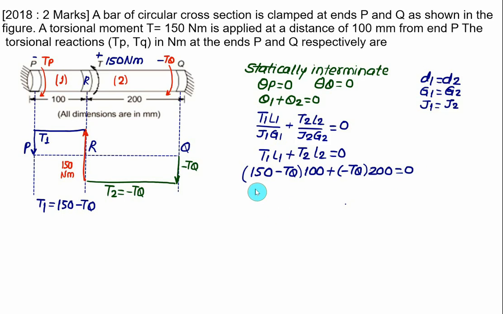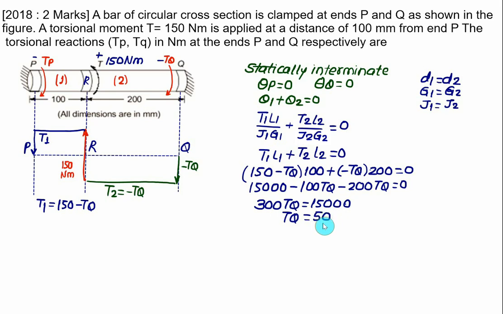Expanding this, we have 15000 minus 100 times Tq minus 200 times Tq equal to 0. So in total we have 300 times Tq equal to 15,000, so Tq is equal to 50, and we'll keep the unit as Newton meter.